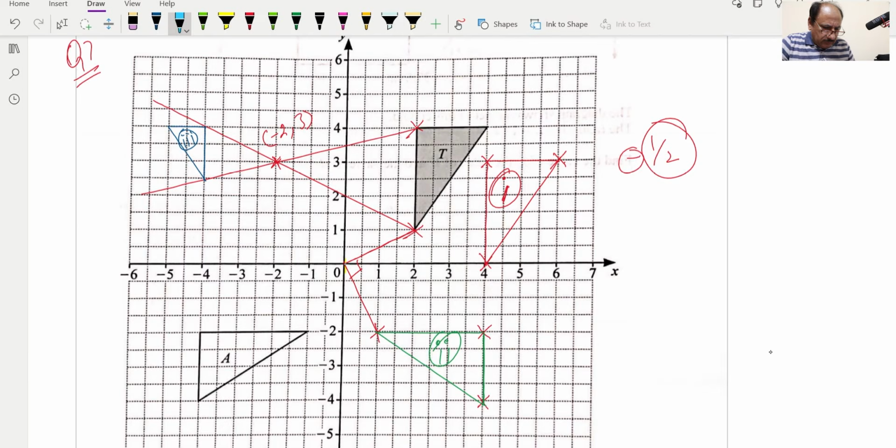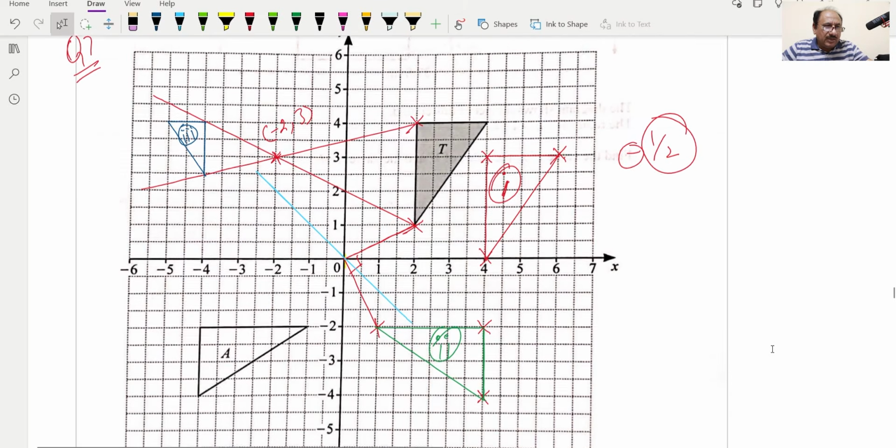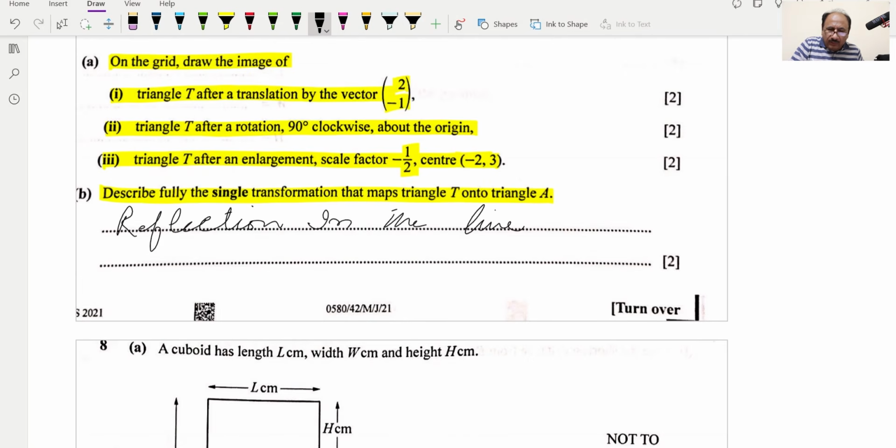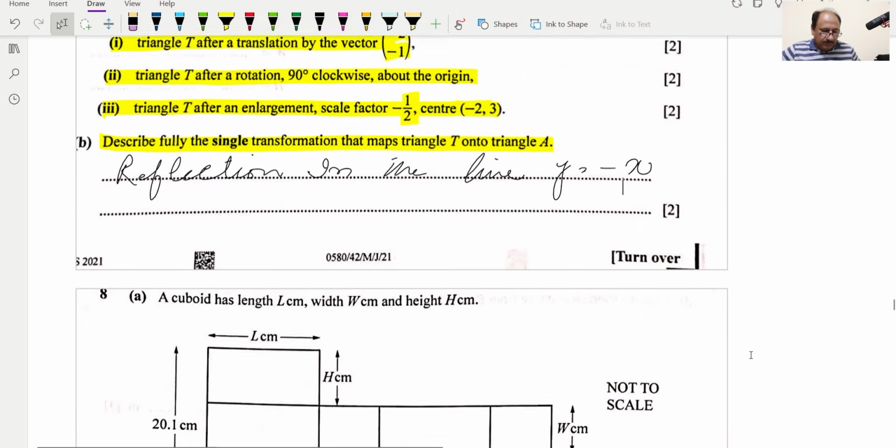So this will be basically the line of reflection. I'm drawing up to this one so that you can identify. This line of reflection is y equals minus x. So we can provide the answer over here. This will be reflection in the line y equals minus x, and this will be the answer.